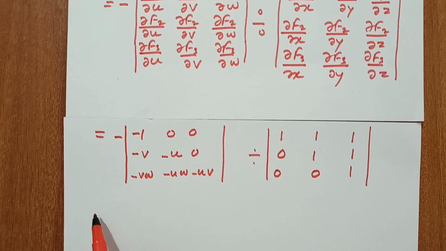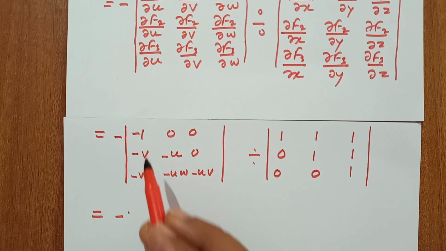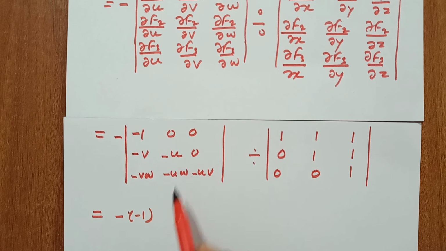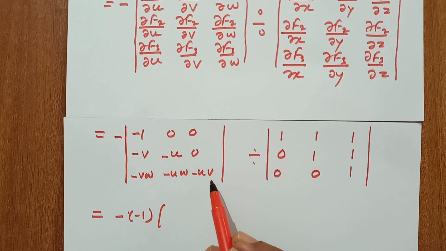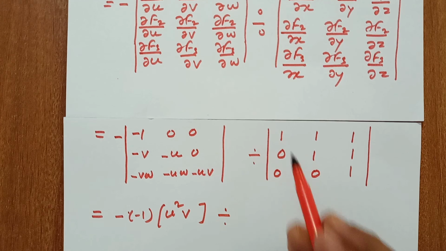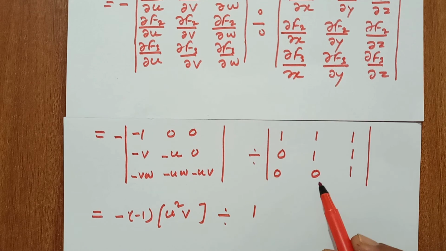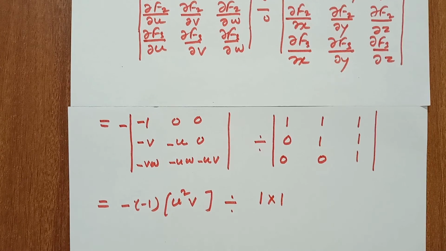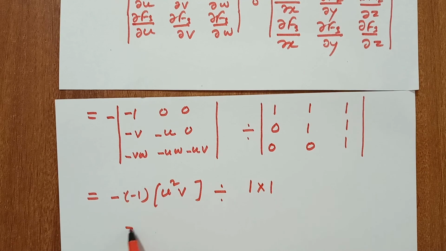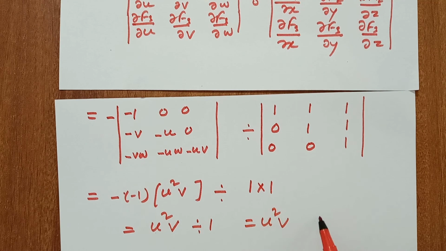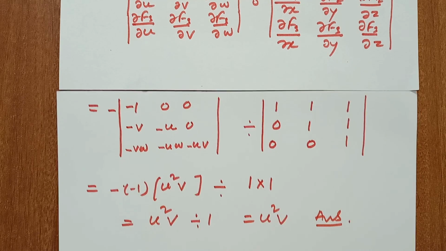So this is equal to minus, now minus 1 into, this is minus minus plus u square v minus 0, and all the other terms are 0, divided by 1 minus 0 and all other terms 0, so this is 1. So this is equal to minus minus plus u square v divided by 1, which is u square v. So this is the answer, and hence proved.